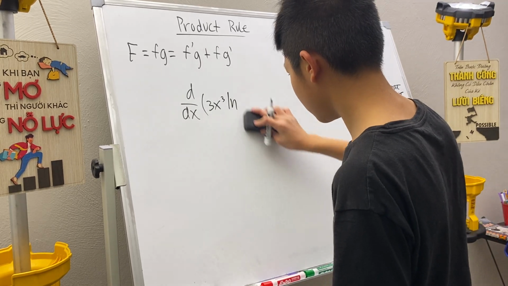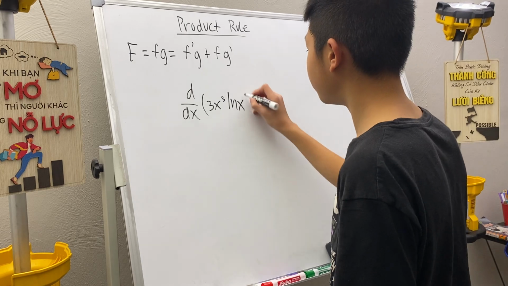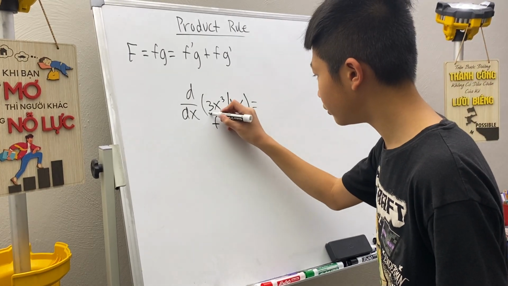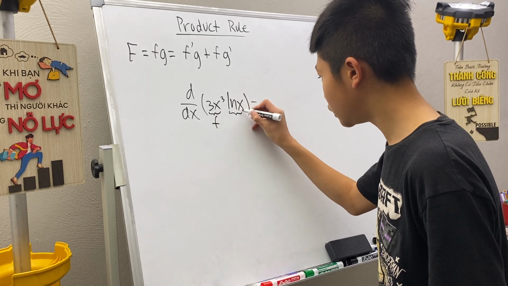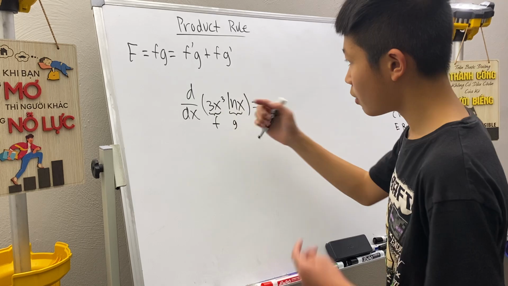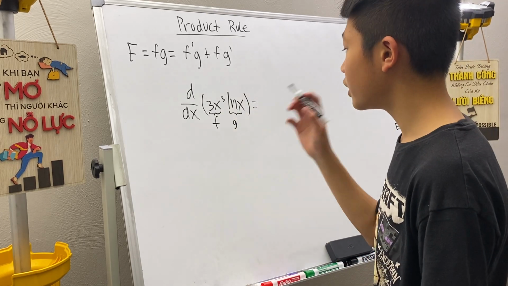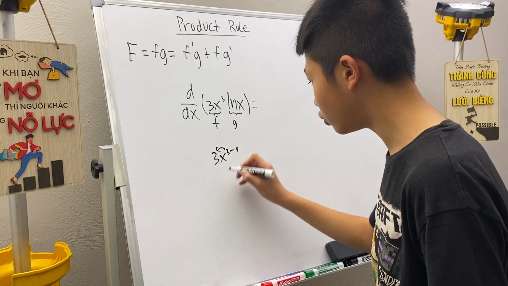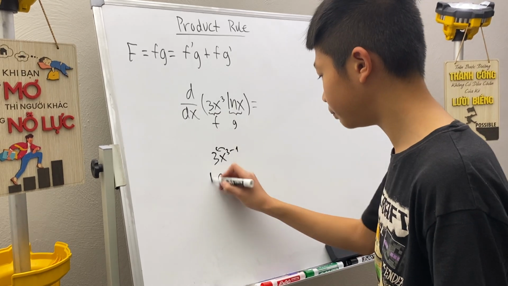Natural log of x. Okay. This is equal to what? This is f, and this is g. f prime of x is equal to, use the power rule, minus 1, bring the power to the front, you get 9x squared.